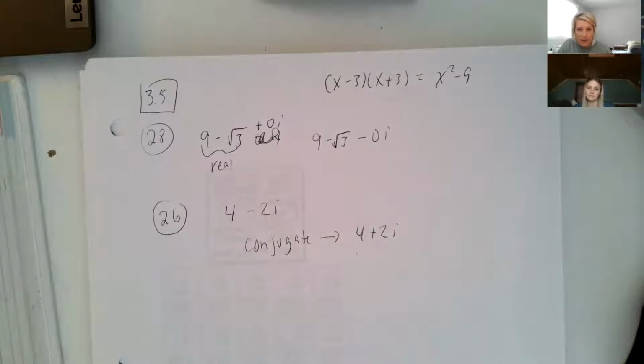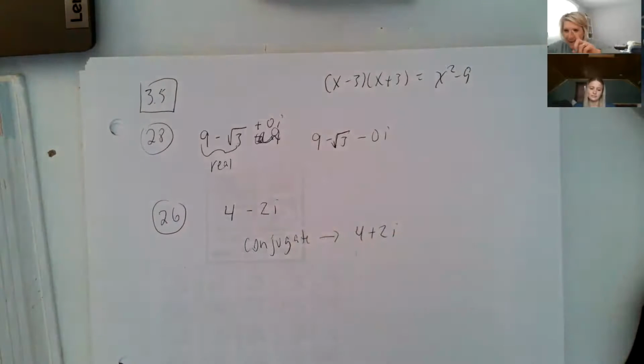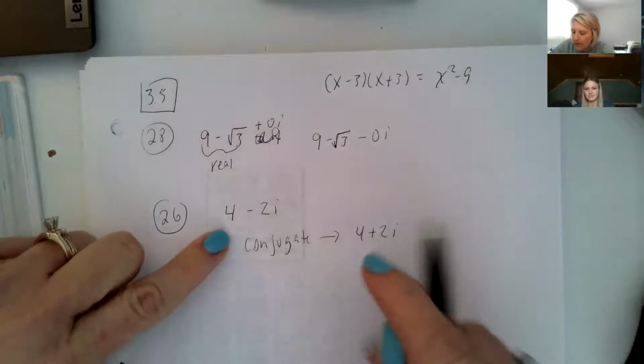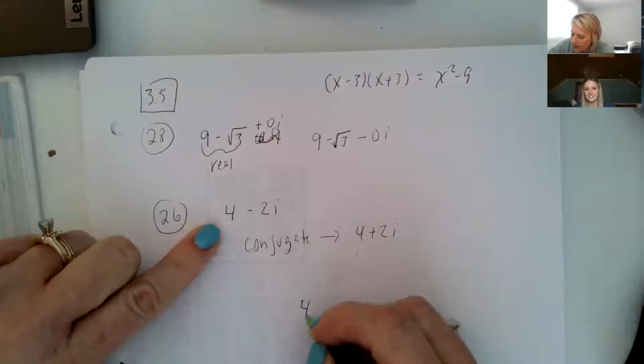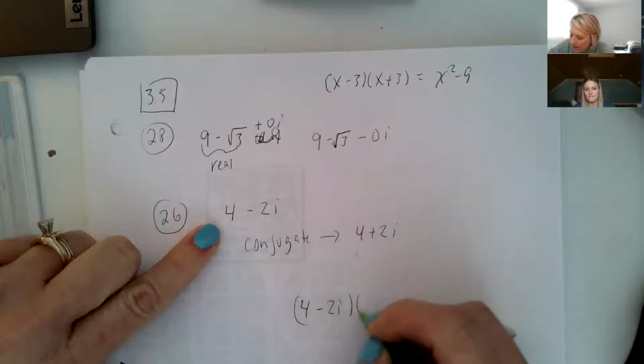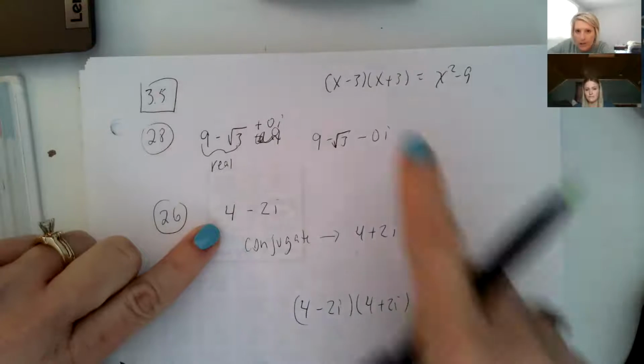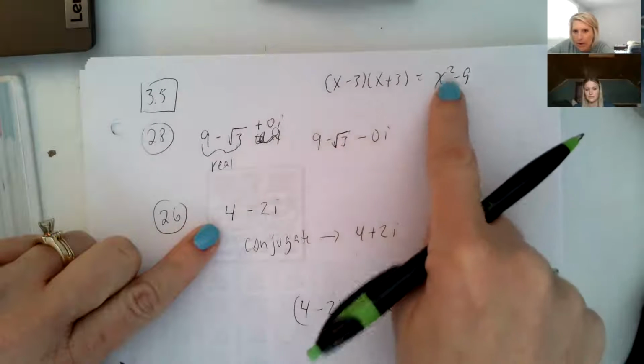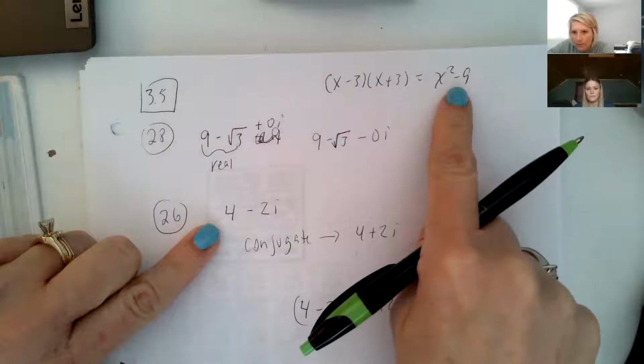Have we gotten to that piece yet? Because this might be. No. Okay, so I'm going to give you a heads up for 3.7. So when you multiply these together, just like up here, these conjugates don't have a middle term when they multiply.